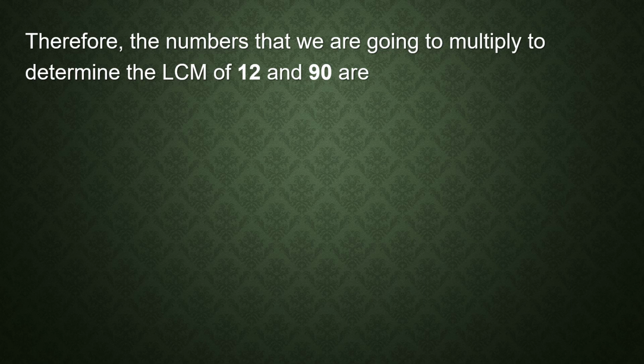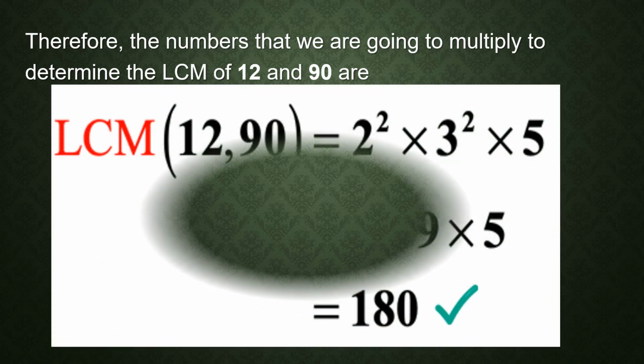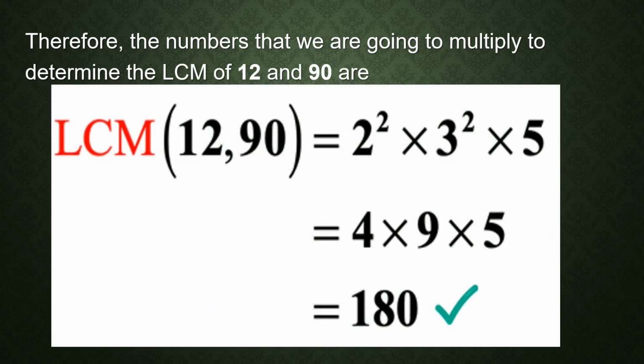Therefore, the numbers that we are going to multiply to determine the LCM of 12 and 90 are 2 square into 3 square into 5, which is equal to 4 into 9 into 5, which is equal to 180. Therefore, LCM of 12 and 90 is 180.